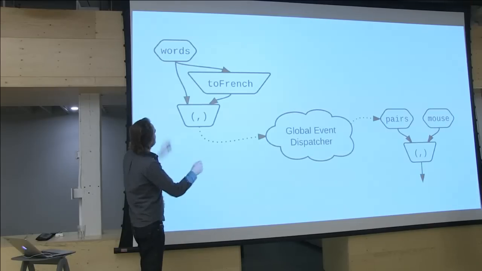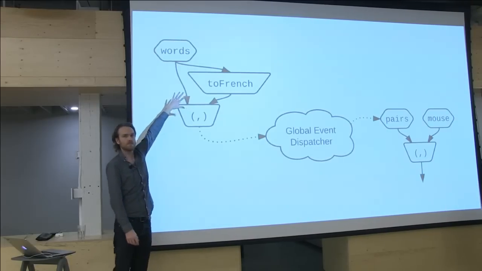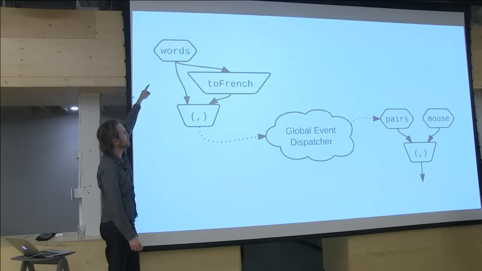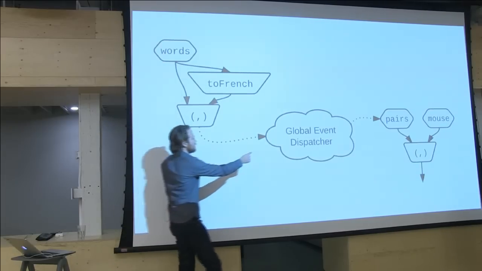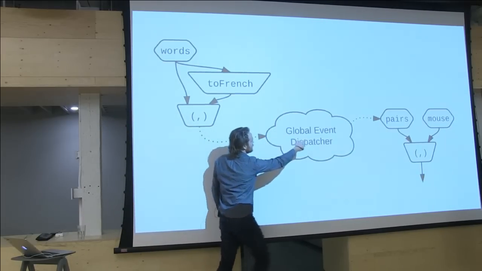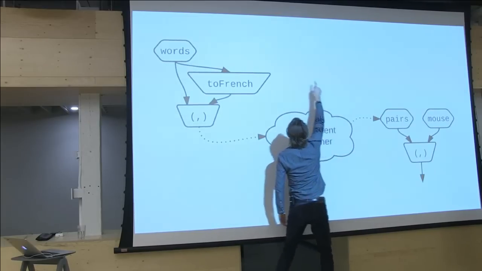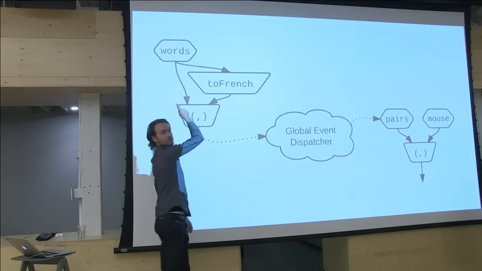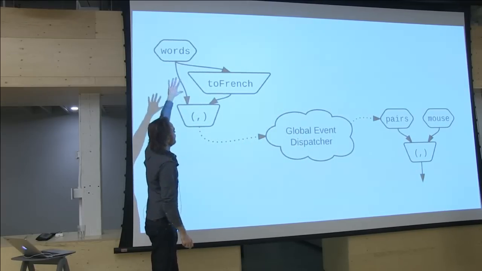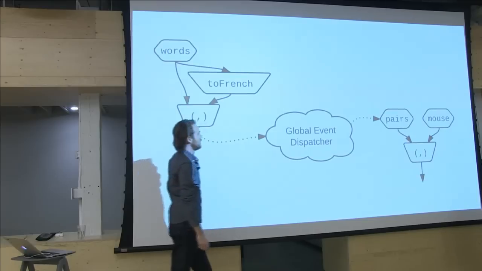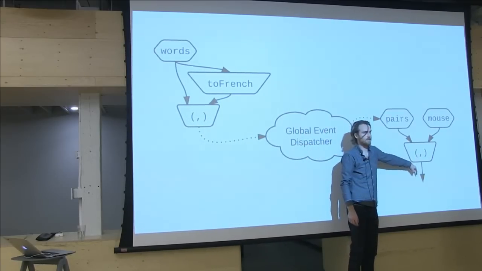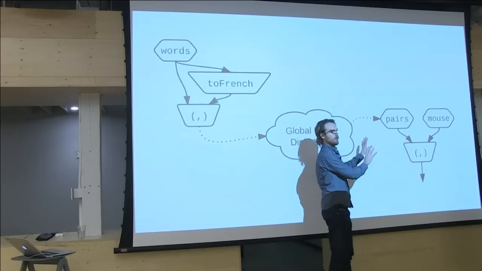So this graph is still slow. Words is an input. You can imagine an arrow being drawn also from this same global event dispatcher to words. This ends up being slow, but it's okay because we're only displaying stuff based on this one, and it's separated from it.